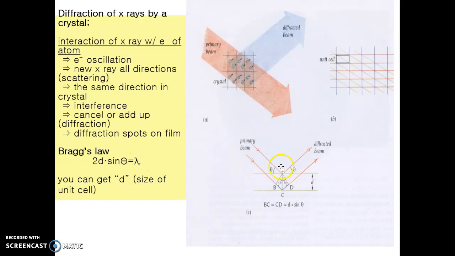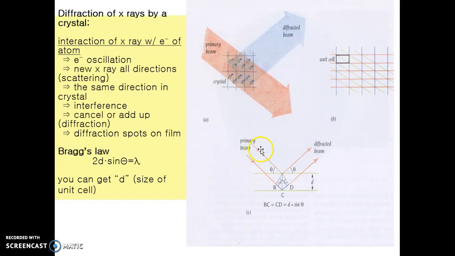In this hypothetical case, imagine 2 lines as mirrors. X-rays that are reflected from adjacent 2 planes, 2 lines, travel different distances.